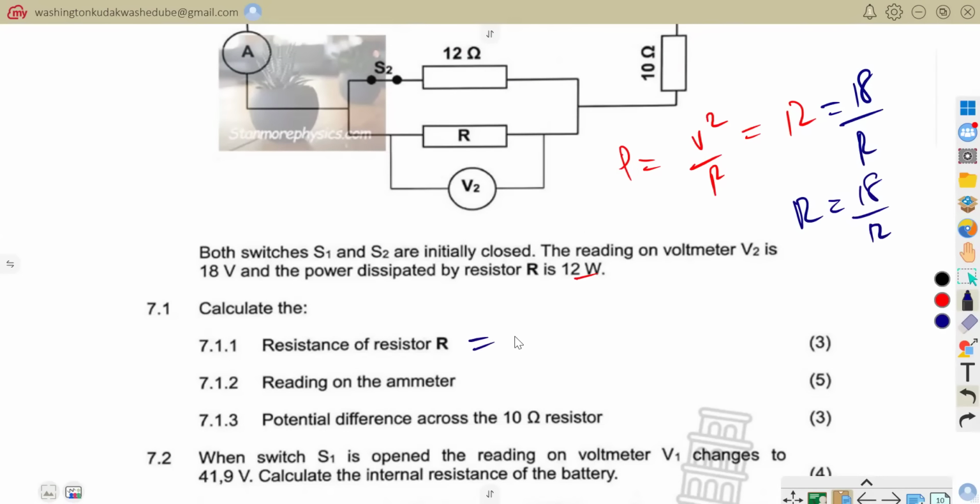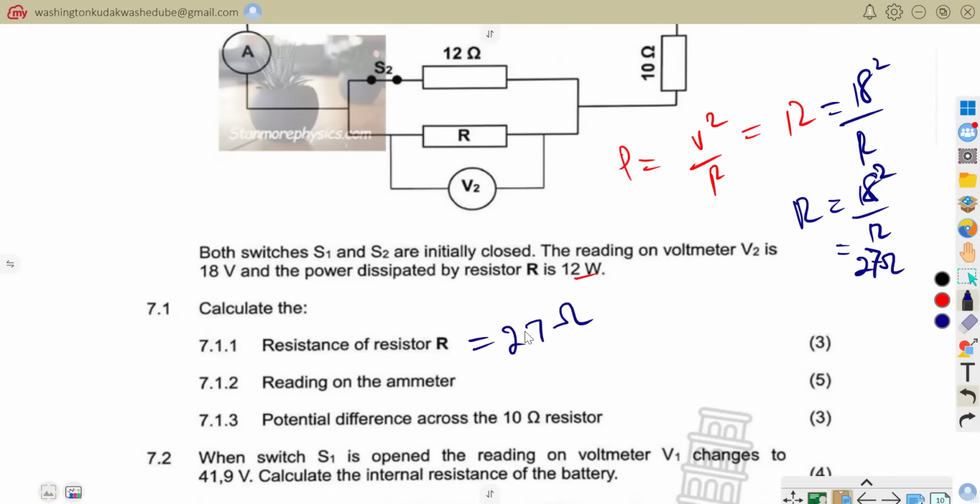If I punch 18 squared all over 12, it was going to give me a value of 27 ohms.